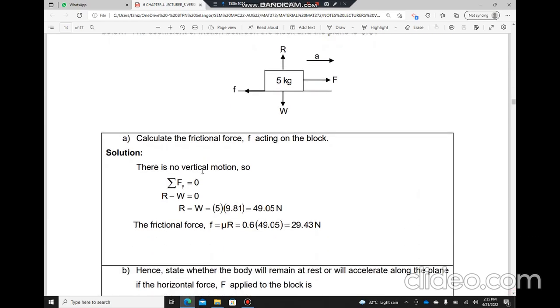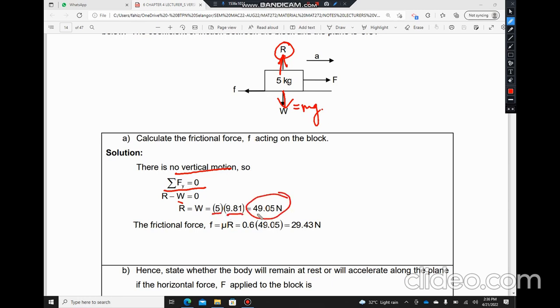Okay, first there is no vertical motion. So for the first part, we look at it, since there is no movement, there is no A. So for vertical, the sum of Fy must equal 0, because they did not give any value of A, even though A is drawn here. Then R upward, minus W because W goes downward, W equals mg. So R equals W equals M is 5 and g is 9.81.